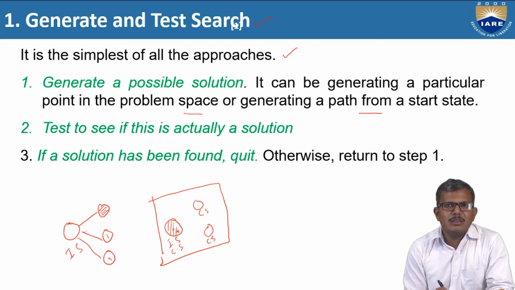Once we have identified the initial state, what we have to do is compare it with the actual goal state. If the state you have identified in the first step exactly matches the goal state, then we have reached the goal state and we can stop our search process.